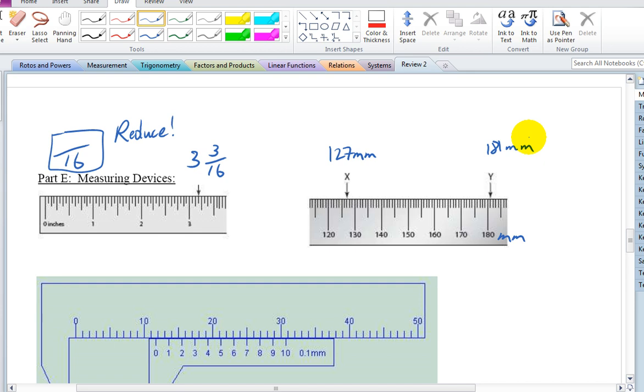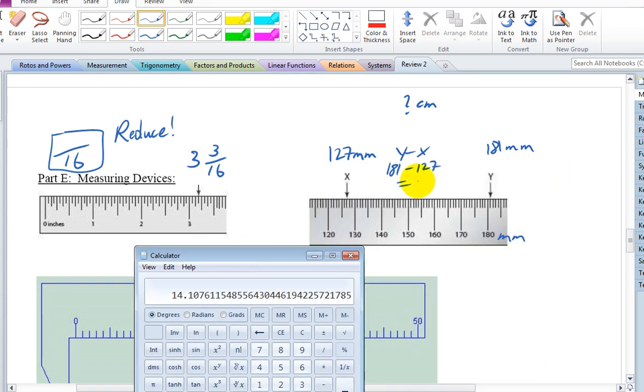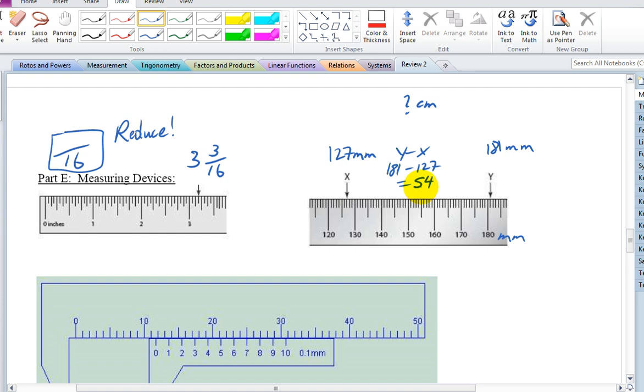How many centimeters between X and Y? So you have to subtract Y minus X. 54. Good. Hands up if you think the answer is 54.